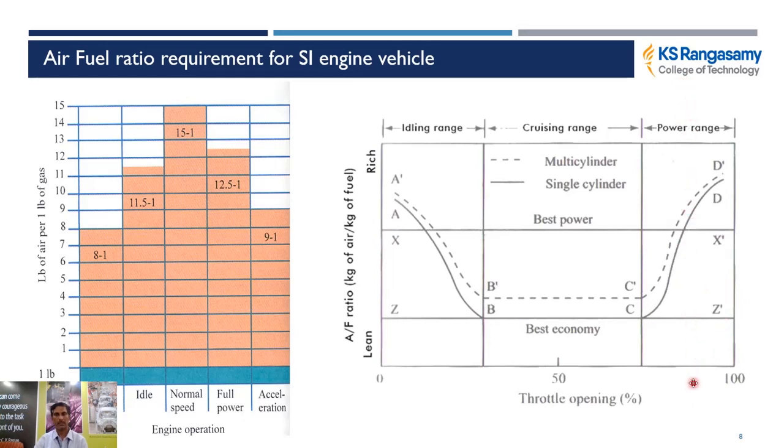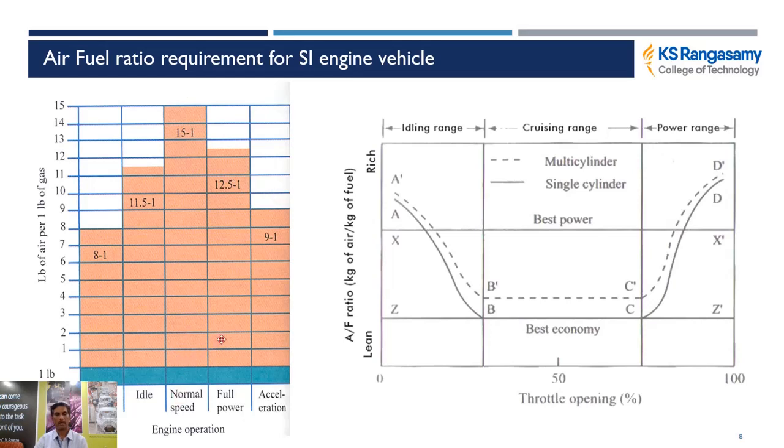From this we can understand that, depending upon our running requirement, the air fuel ratio varies. Normally, if you want better mileage and fuel consumption, we have to run on the best economical conditions, which come around 30 to 60 throttle opening, and the air fuel ratio is maintained at 15 to 1, called normal speed.